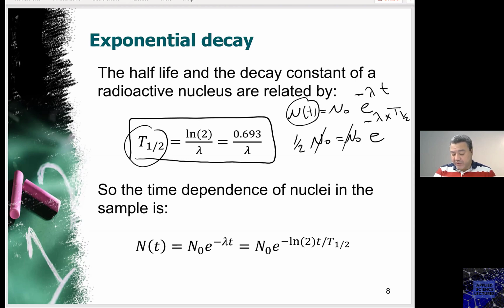Take the natural logarithm of both sides: the natural logarithm of half equals minus lambda t half.